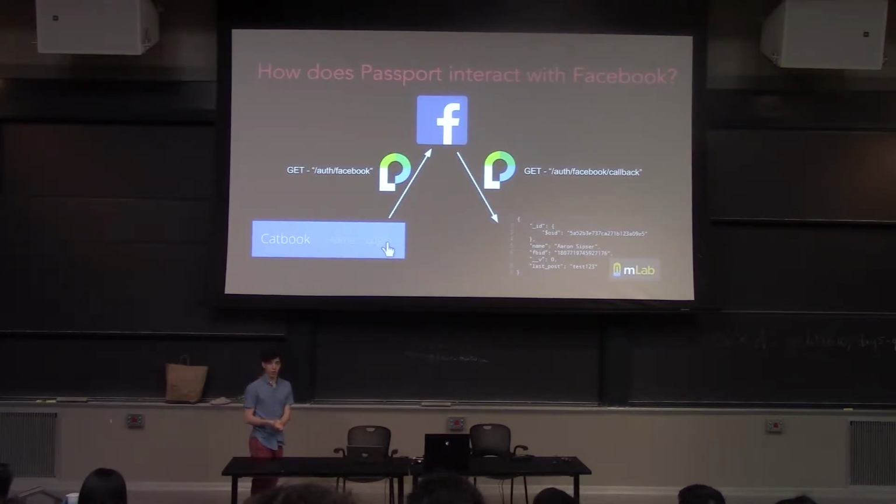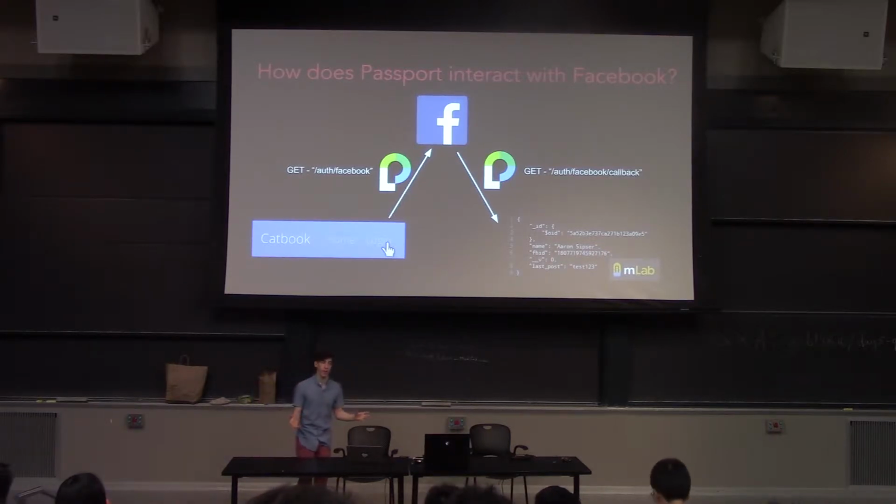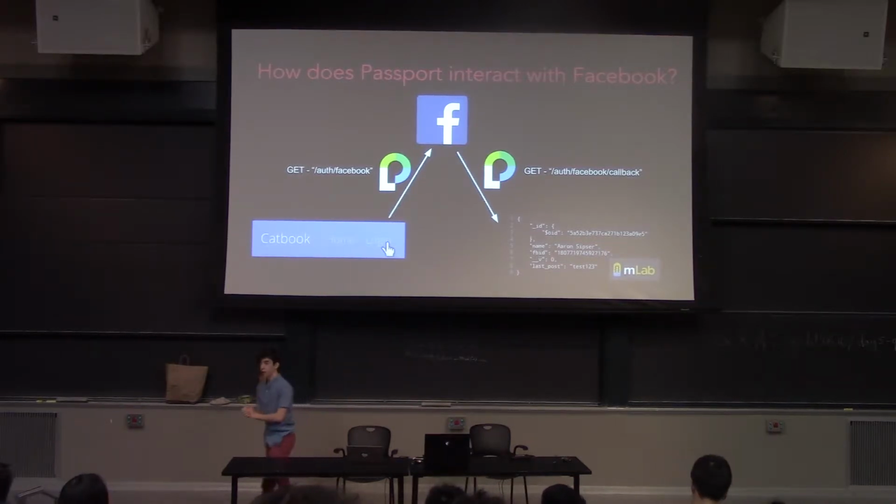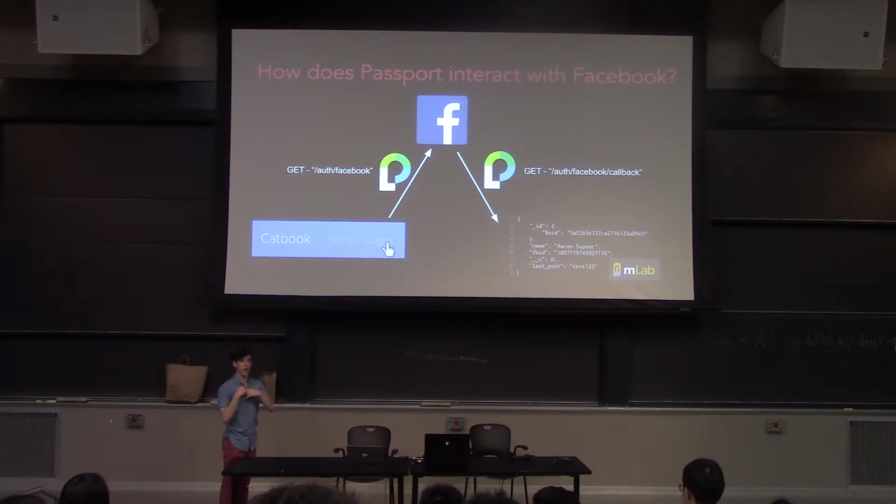Once you're at Facebook's doorstep, remember that screen I showed you earlier, asking if you give permission to continue? Now it's Facebook's turn to make sure it's doing the right thing. It makes sure the user is properly authenticated, and after you click continue, it sends its details back over your way.